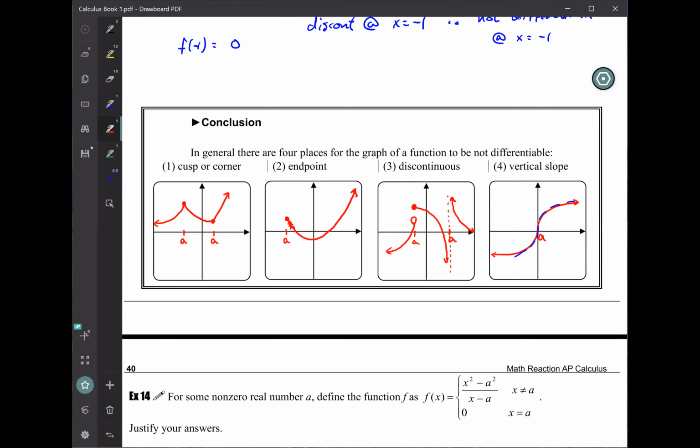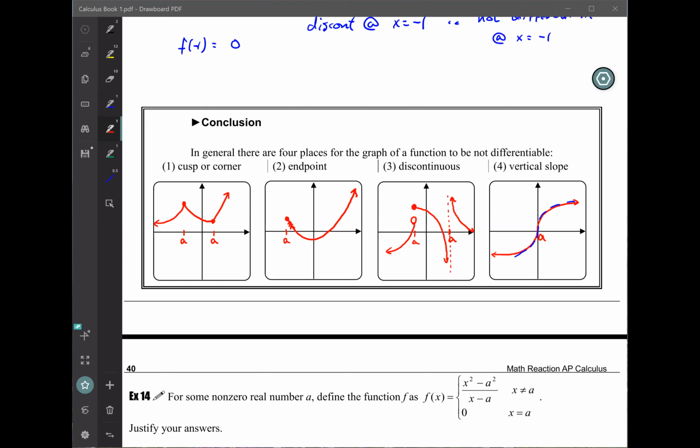I would like you to turn on your mic now. Let's repeat the 4 places together. Everyone, please turn on your mic. Okay, let's say it together. Not differentiable: cusp or corner. Endpoint.